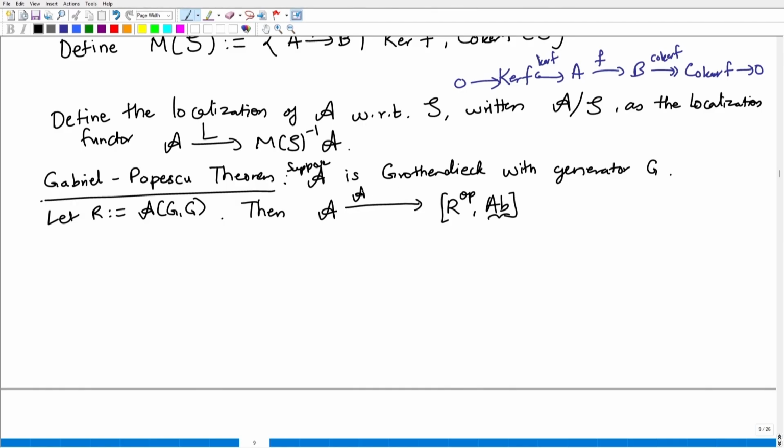Then over here I can take the hom functor at the generator. Then it will have a left adjoint L. I mean, A(G,-) is fully faithful. Then there exists this diagram with L exact.